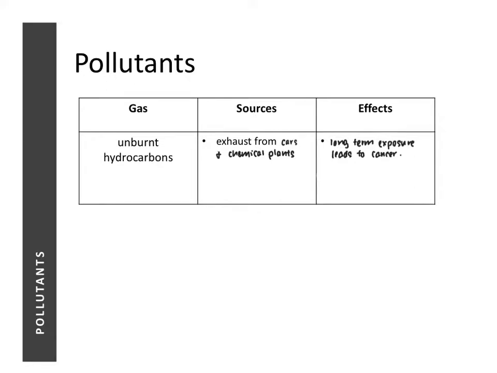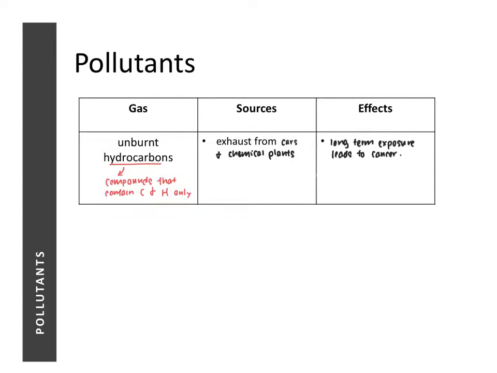So the first of the remaining 3 would be unburned hydrocarbons. What are hydrocarbons? Again, hydrocarbons are compounds that contain carbon and hydrogen only. So hydrocarbons are mostly found in the fuels that we burn in cars, in chemical plants, and sometimes when there is insufficient oxygen, this fuel is not burned at all.